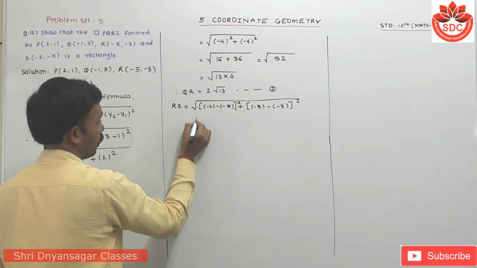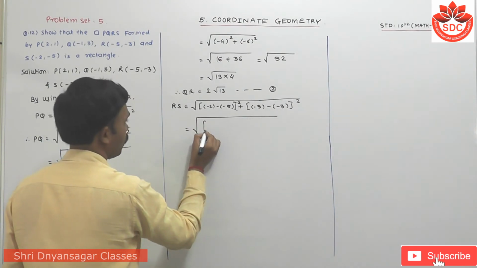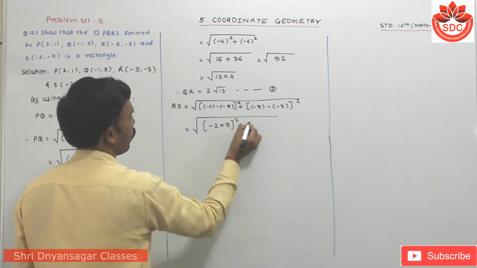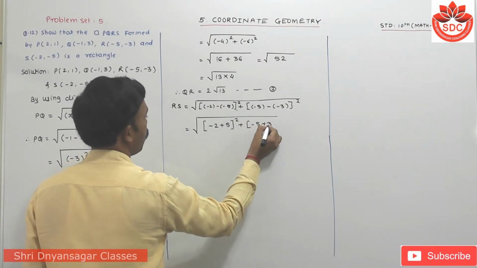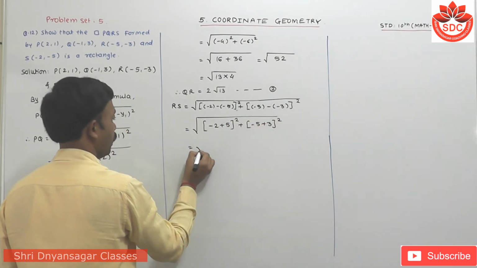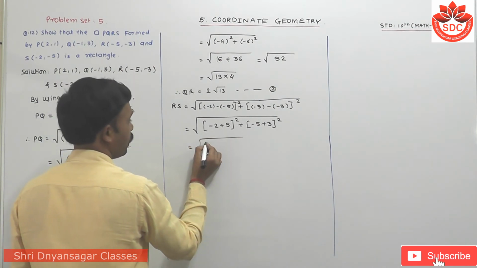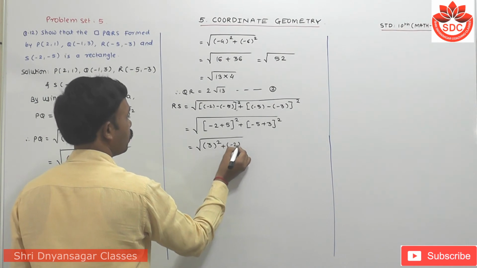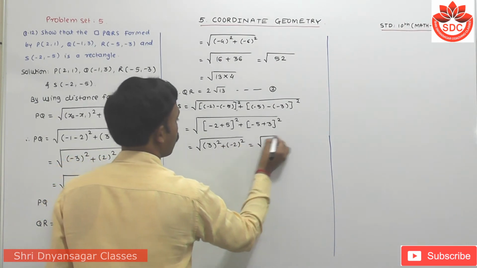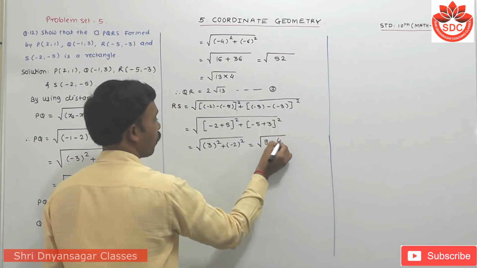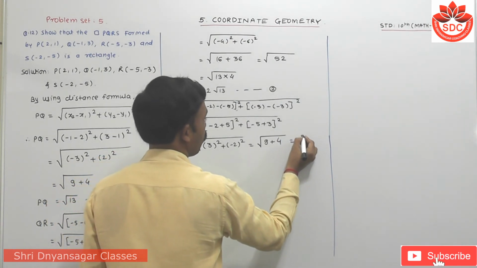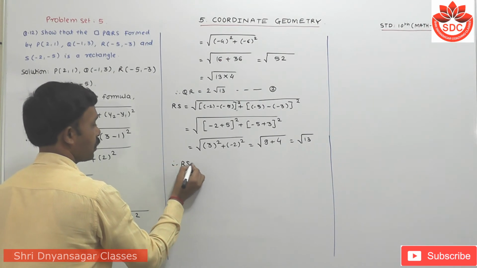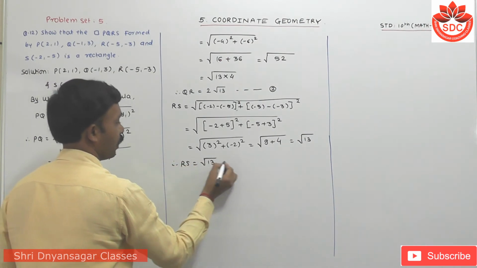Then this is minus 2 plus 5 bracket square plus minus 5 plus 3 bracket square. Then this value becomes plus 3 square plus minus 2 square. This is 9 plus 4, root of 13. Now therefore RS is equal to root of 13.